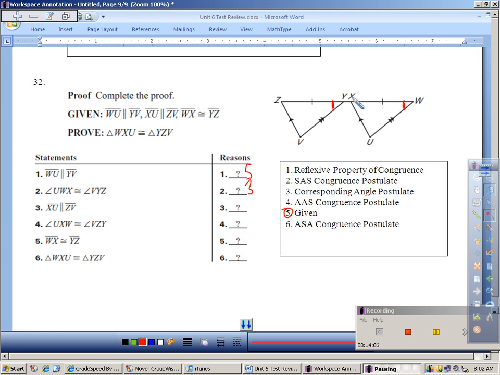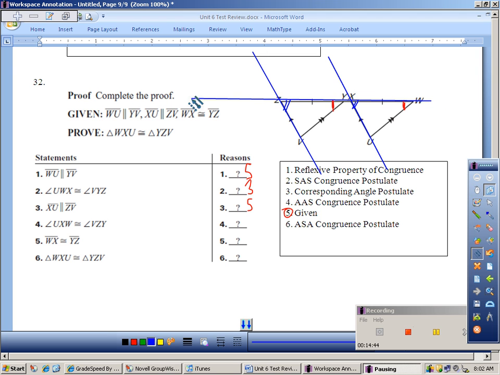So I have XU to ZV, and that was given information, number 5 again. So we have angle UXW, so this angle here, is congruent to angle VZY, this angle here. And that again, if you were to extend these lines, and this acted as the transversal, those would just be the corresponding angles again. So that is number 3.